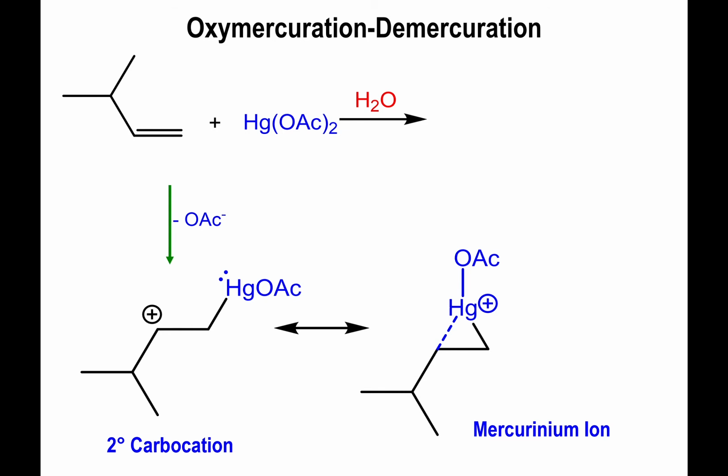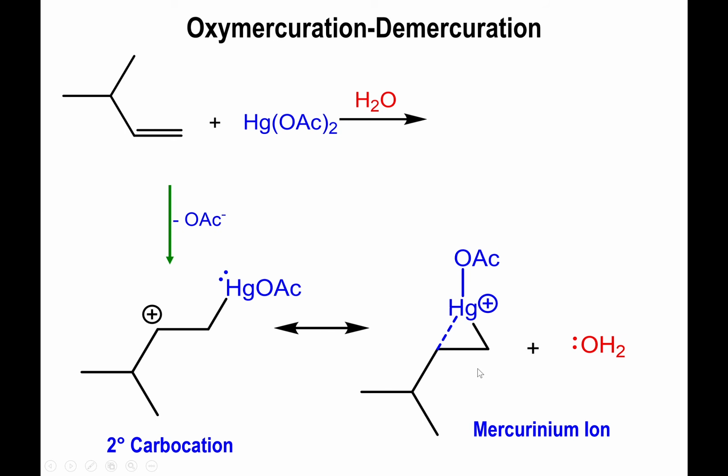This is known as the mercurium ion, and the mercurium ion basically makes it impossible for the hydride to migrate over to here and lead to a rearrangement. And so what now happens is that the water, instead of attacking what would have been the tertiary carbocation, attacks the direct carbon where the double bond used to be, right? So the mercury attaches to this carbon on the right side, the attack happens on the carbon on the left.